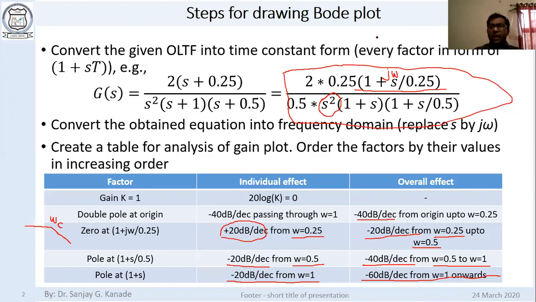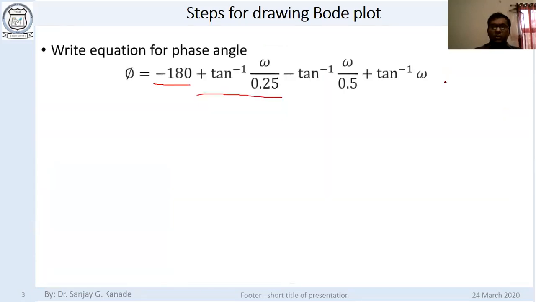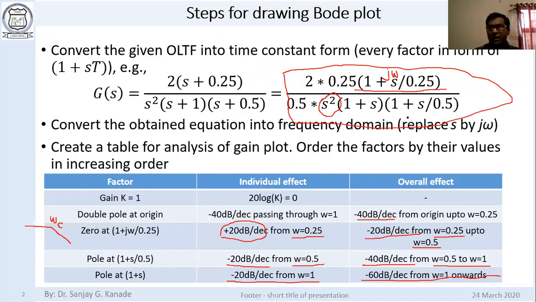So the angle is tan inverse of omega upon 0.25 divided by 1, means tan inverse of omega upon 0.25. So that is what I have taken here, tan inverse of omega upon 0.25. Okay. Now since it is in the numerator, it has a positive sign. Similarly, the remaining angles are calculated.